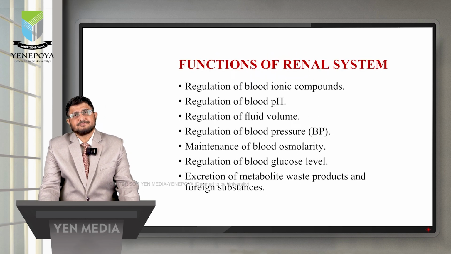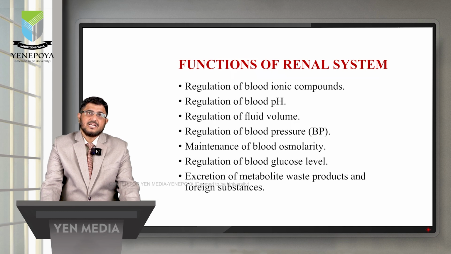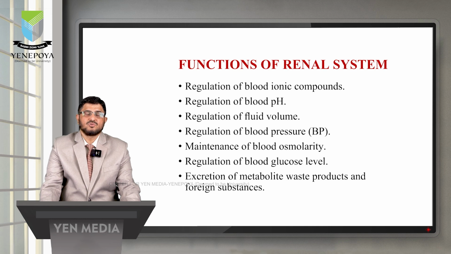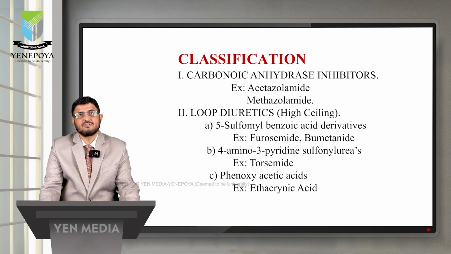Next, coming to the next topic, how drugs modify the nephron and increase urine secretion or induce diuresis. So what are the drugs? To know that, we will go through the classification of the drugs. First, we have carbonic anhydrase inhibitors, for example acetazolamide and methazolamide.